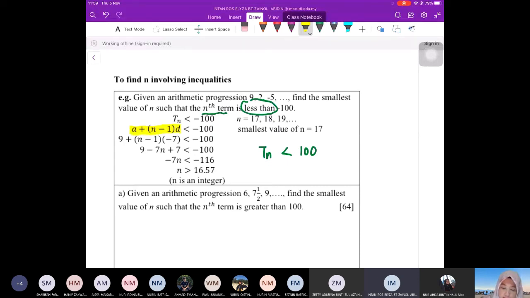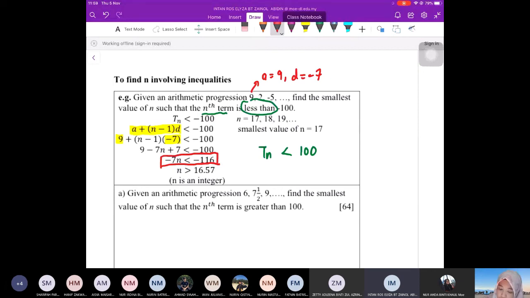Lepas tu you substitute a, you substitute d dia negative 7 kan, sebab dekat sini you tahu a is 9, d is negative 7, you substitute semua. Lepas tu yang this part ni, dia back to chapter 2. Ingat tak chapter 2 tu kita banyak main dengan inequalities.